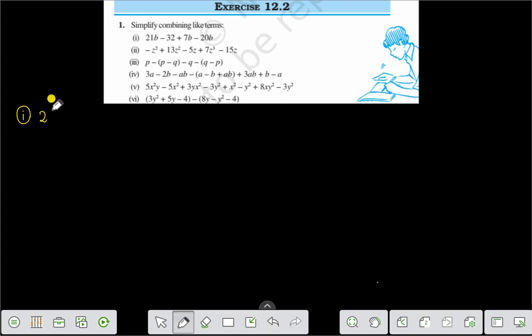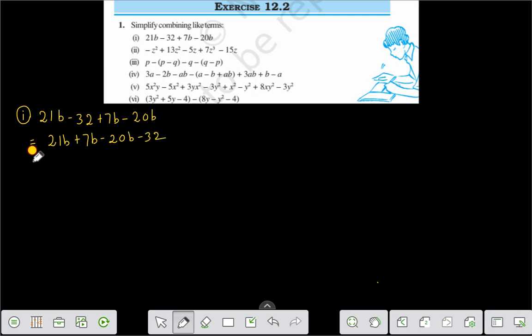21b minus 32 plus 7b minus 20b. These are all like terms that we can find: 21b, plus 7b, minus 20b, minus 32.